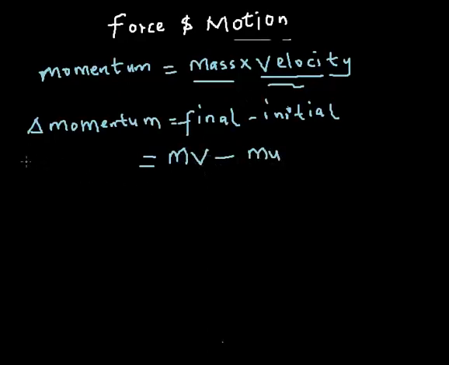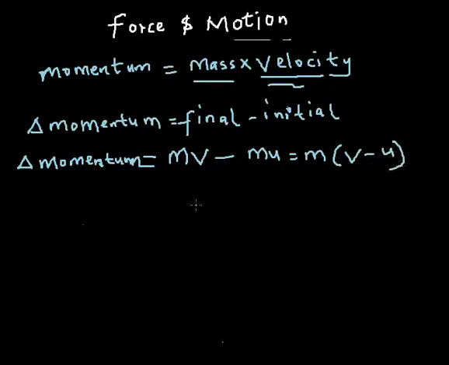So the change in momentum is now mv minus mu. As you notice, m is a common factor, so I factorize it and open a bracket, putting the other factors inside the bracket, which is v minus u.